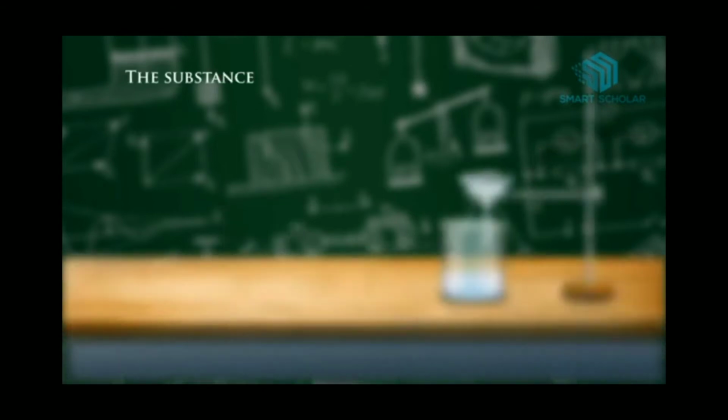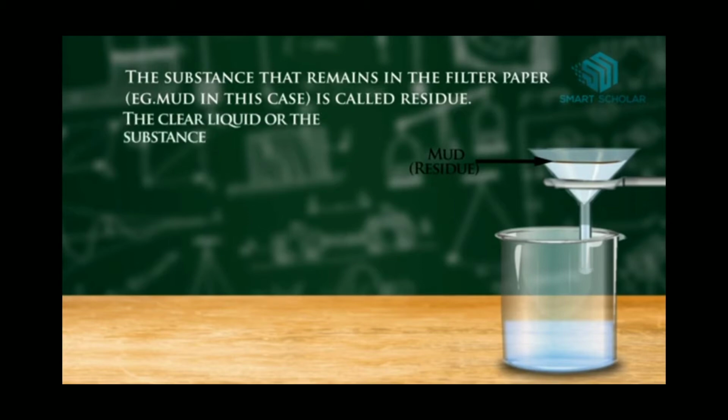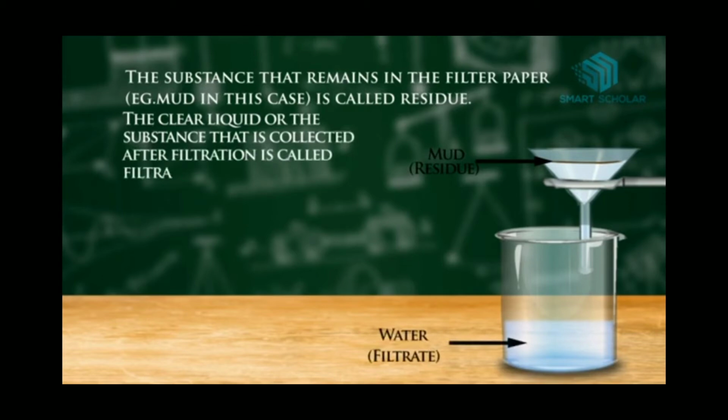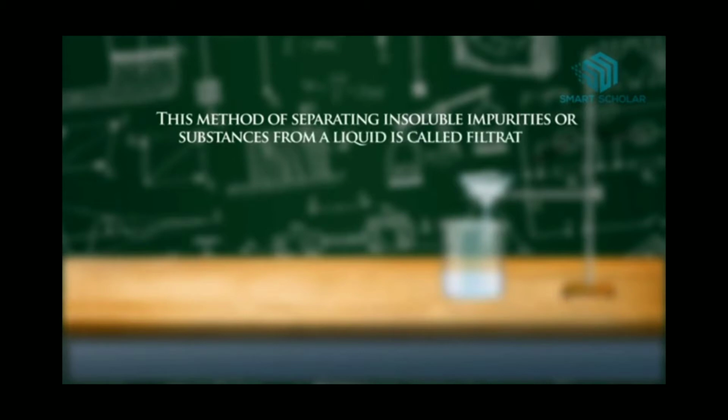The substance that remains in the filter paper is called residue. The clear liquid or the substance that is collected after filtration is called filtrate. This method of separating insoluble impurities or substances from a liquid is called filtration.